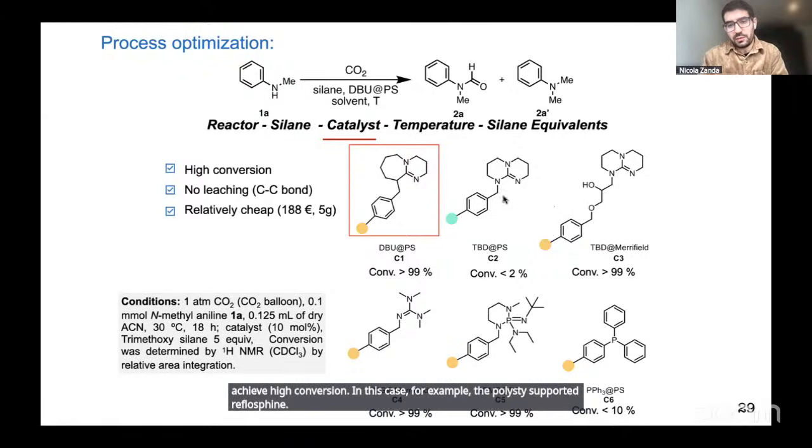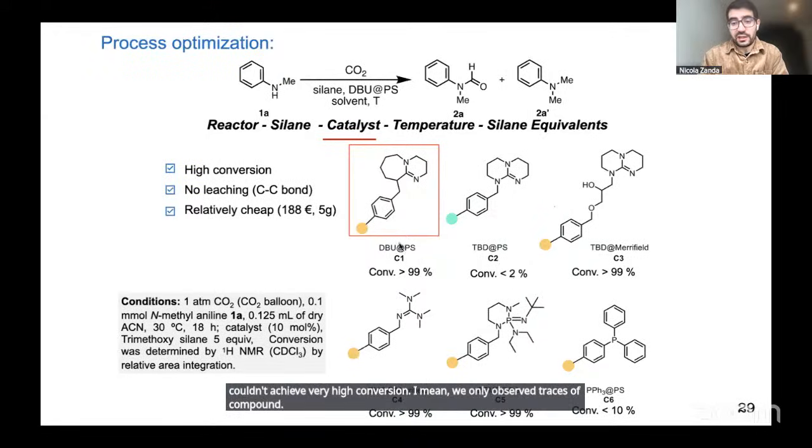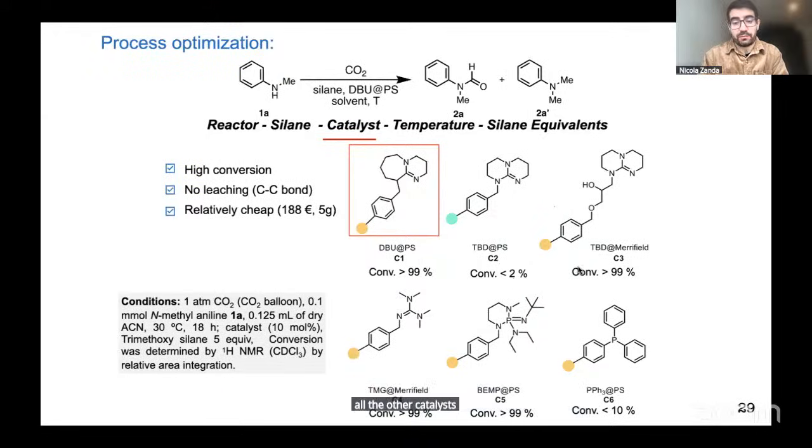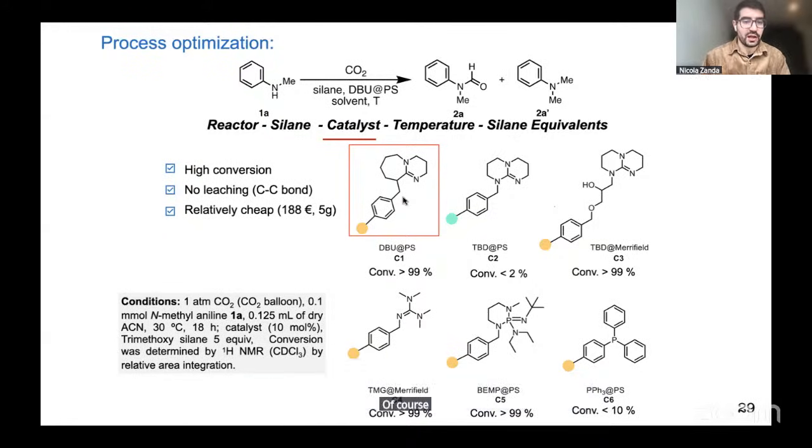And also the activity directly supported on the resin couldn't achieve very high conversion. I mean, we only observed traces of compound. All the other catalysts instead were proficient, but we ended up choosing the BU supported catalyst for various reasons. Of course, it was able to reach high conversion.